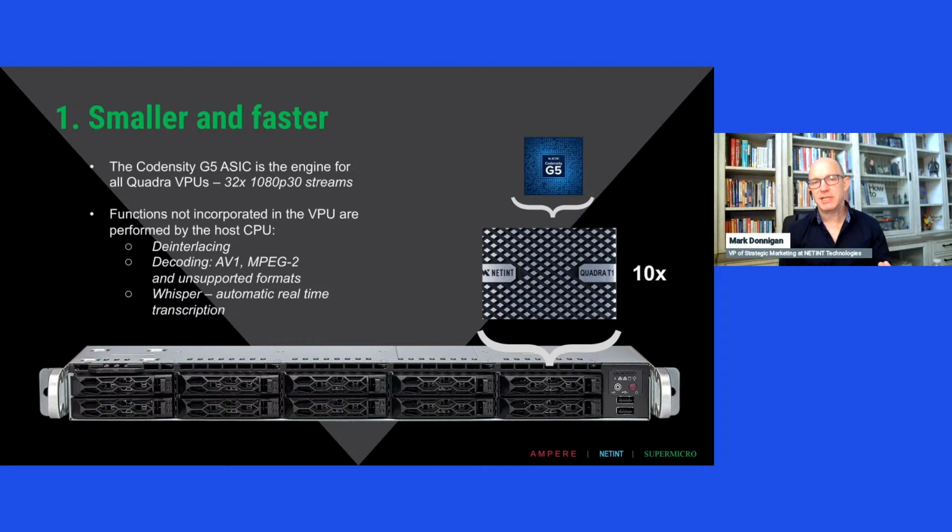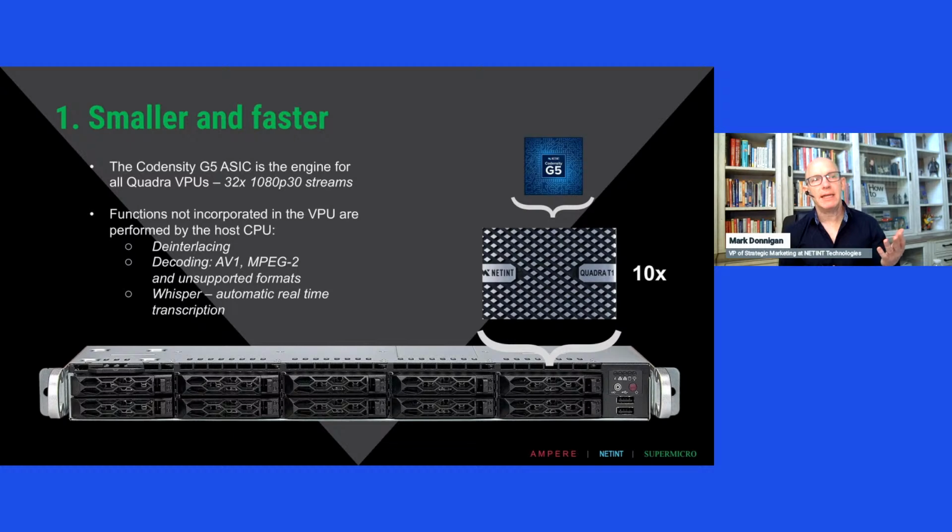And the power inside the VPU is our Codensity G5 ASIC. This is purpose-built. This is designed by us, by NETINT. It has a very extensive IP block, and I'll show you in the next slide a bit more about what actually comes inside this chip, but it's very, very capable.